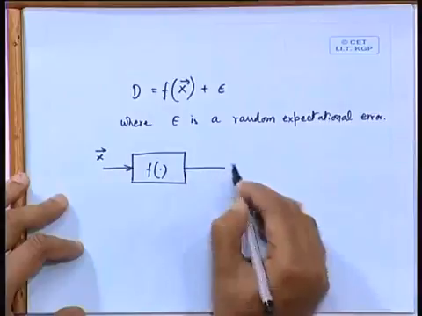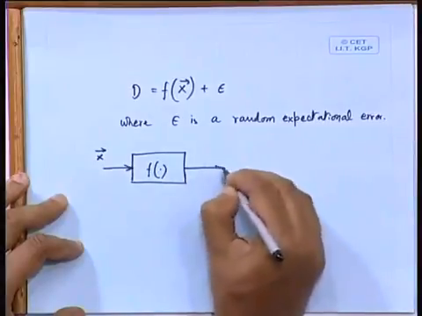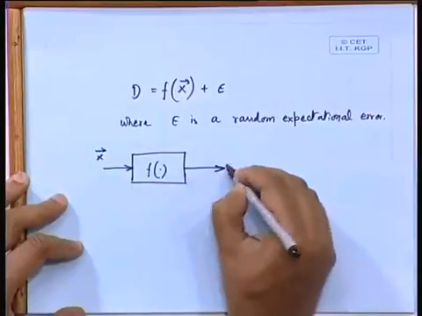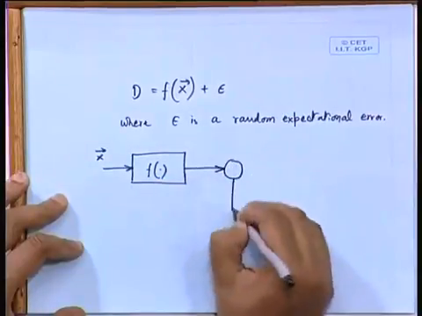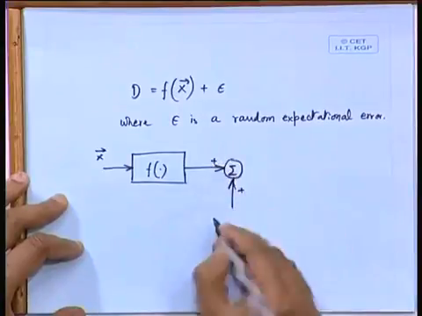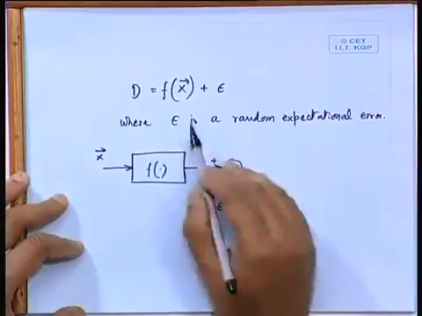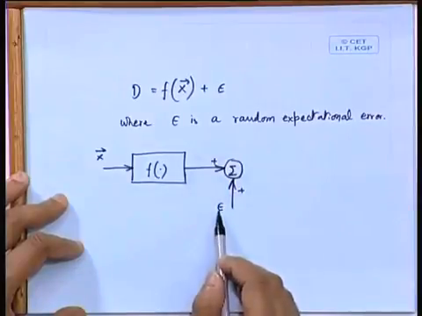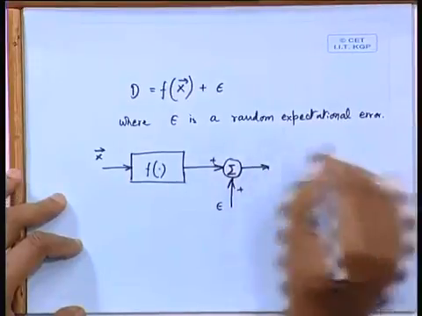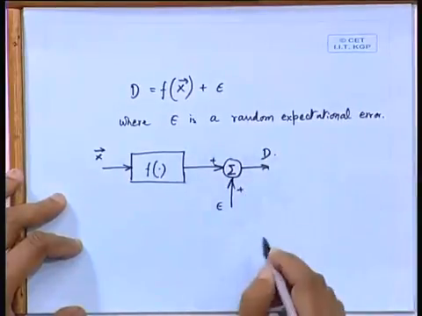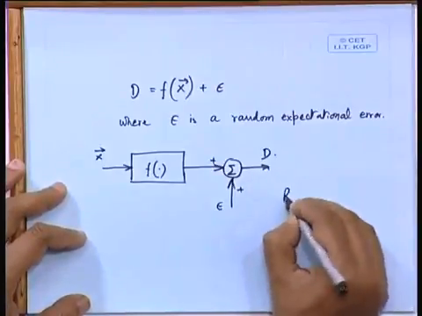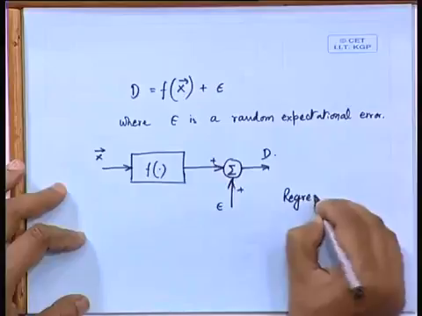The f of x vector which we get as the output of this block is added to, so here we will have a summer and we will add the random expectational error epsilon to it, and then we get d as the output. This in fact is called the regressive model.